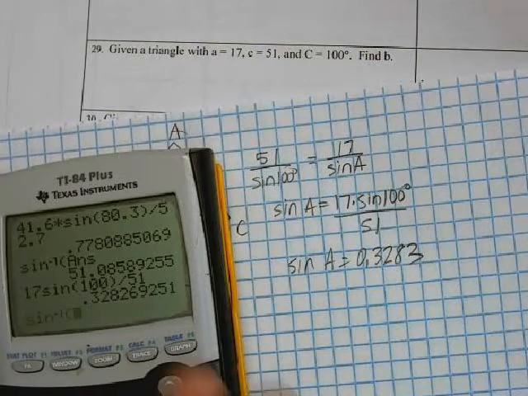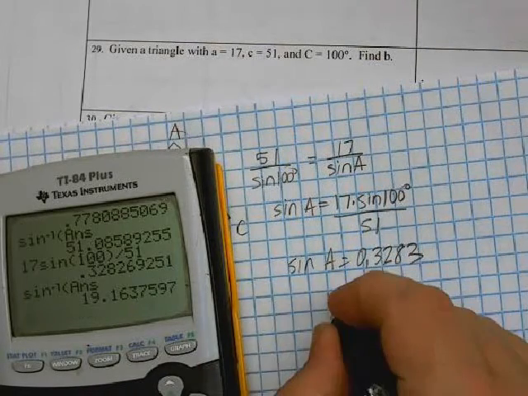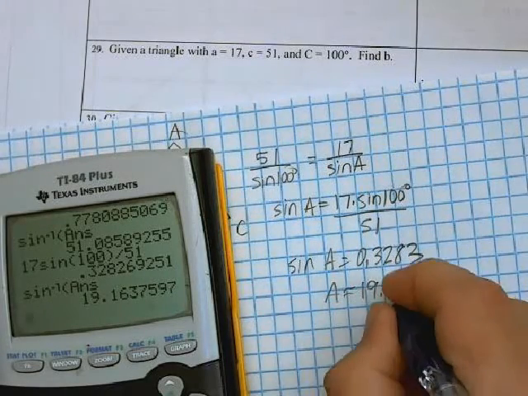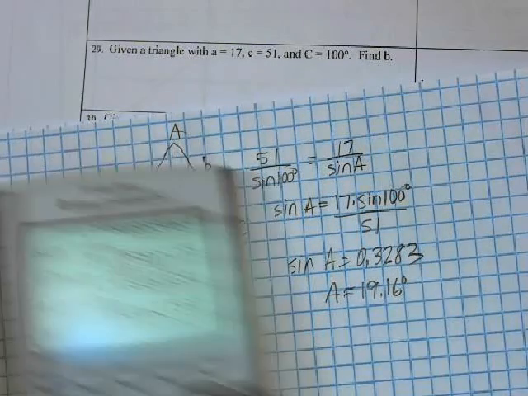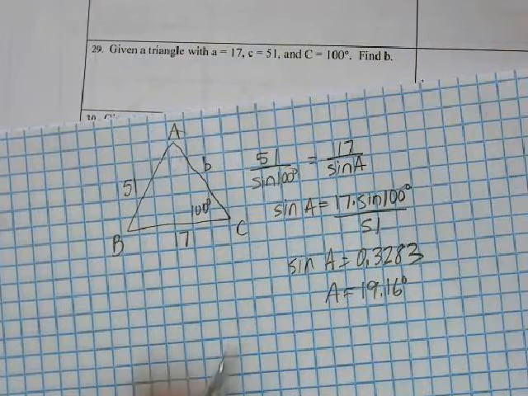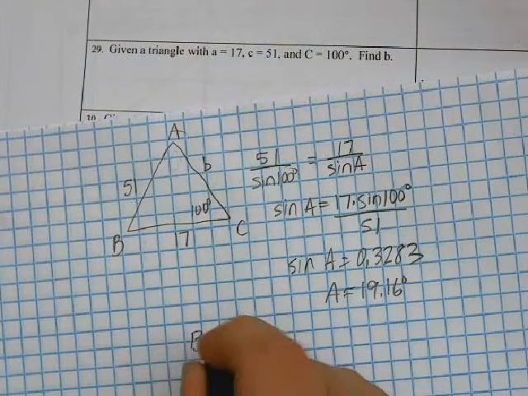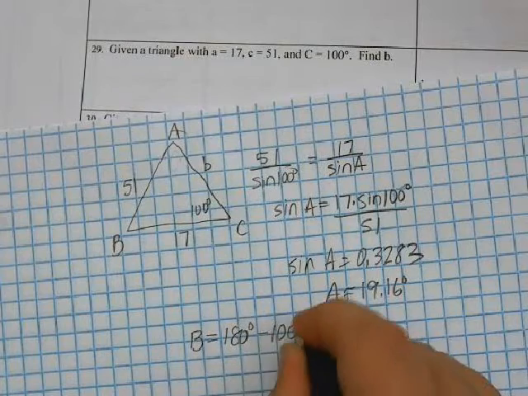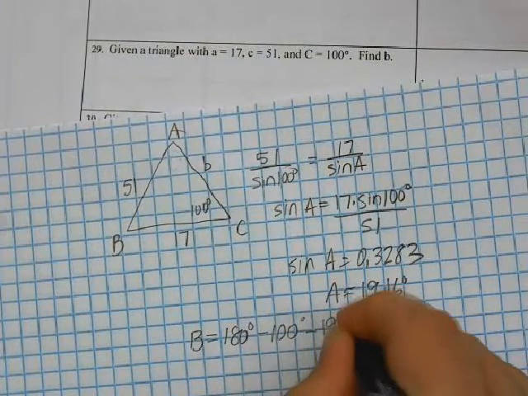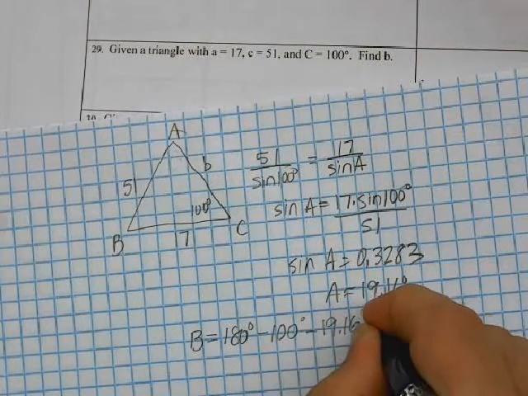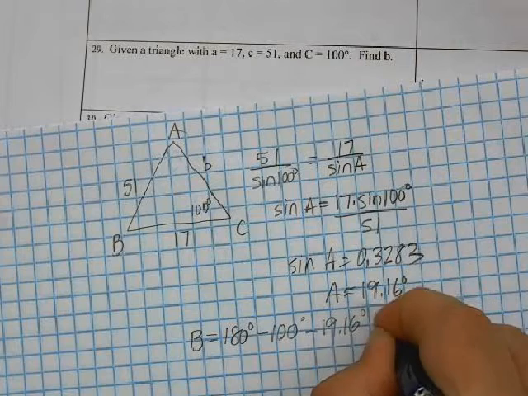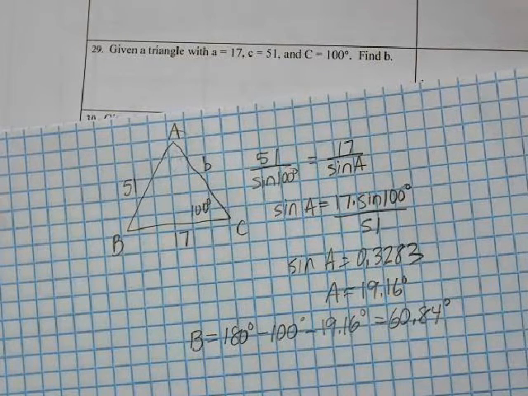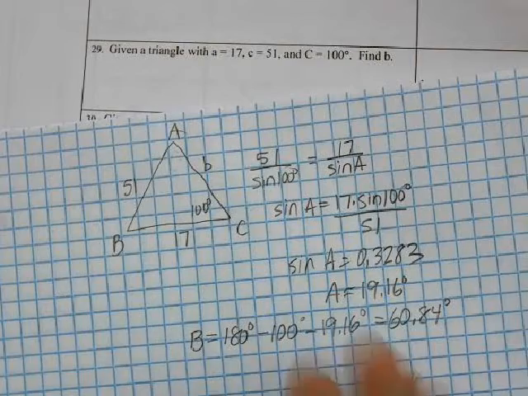So we'll do the arc sine. So A is about 19.16 degrees. So B, we just take the 180, subtract the 100, and subtract the 19.16. And we get 60.84 degrees.